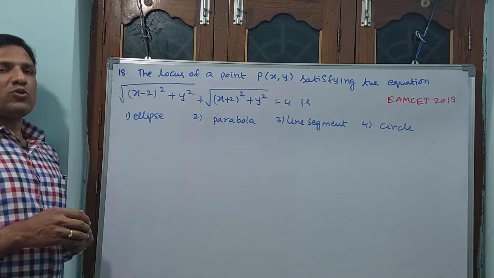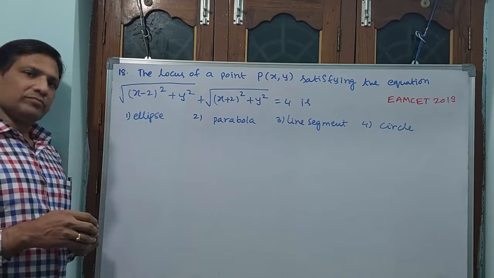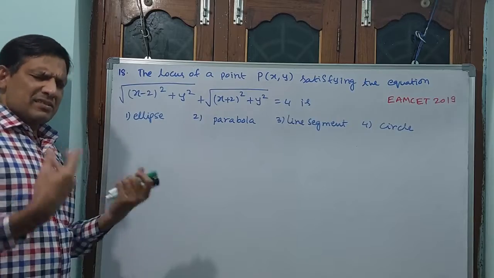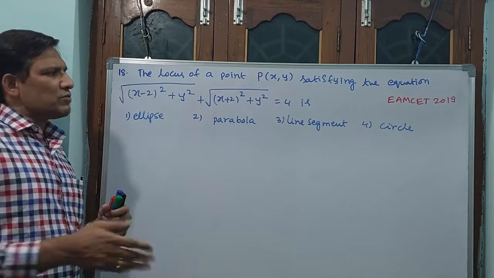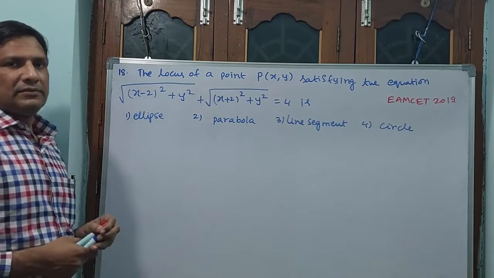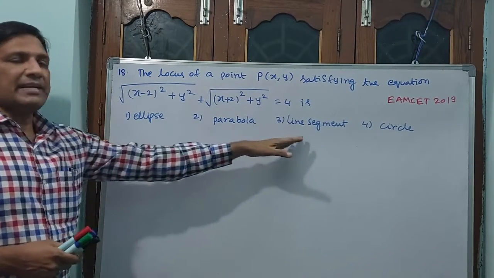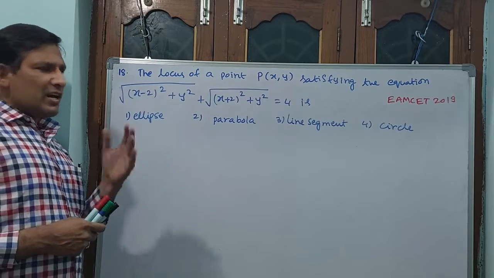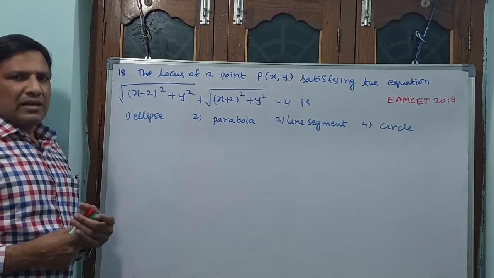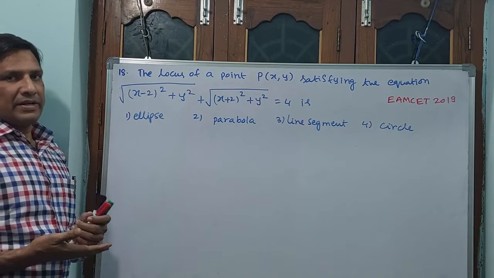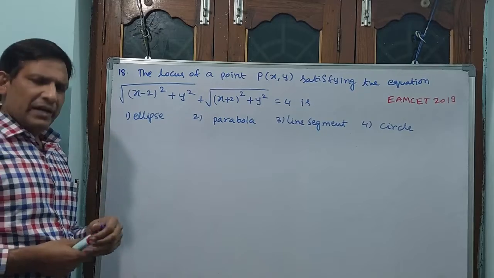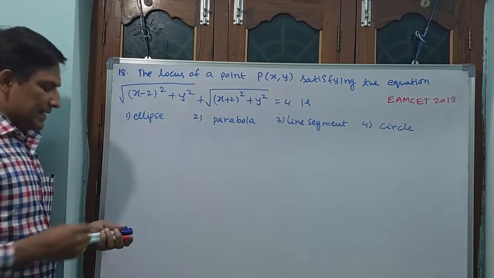Parabola, y square is equal to 4ax. Line segment, y is equal to mx plus c, or anything y is equal to something. If it comes, it means line or line segment. For this question, a line segment equation is completely different, a linear equation rather. Parabola and all, that is a different thing. Okay, let us see what will come, then we will analyze.